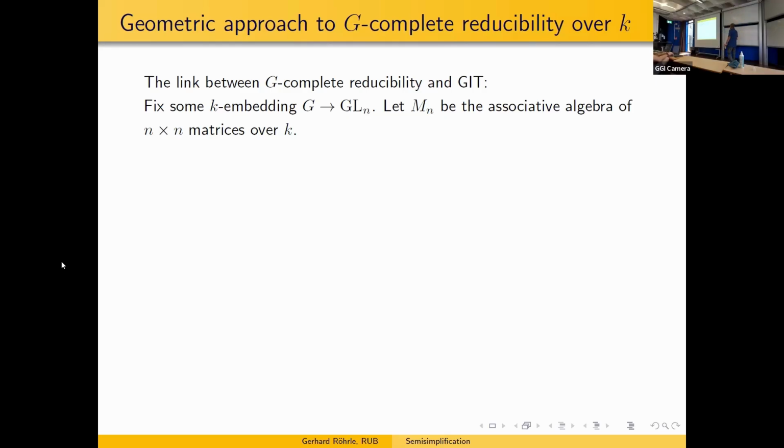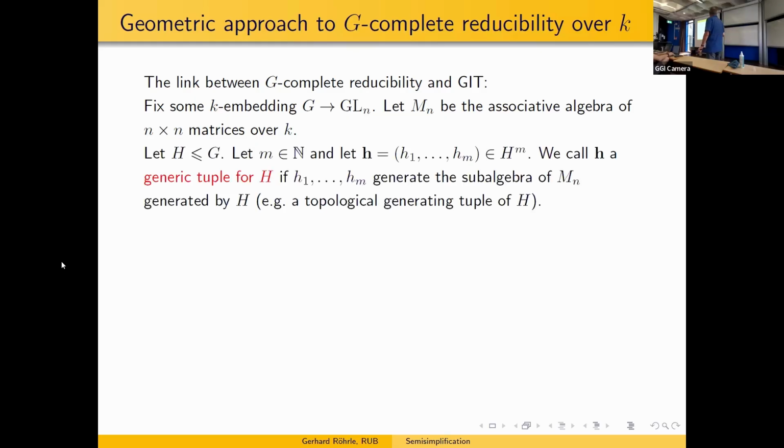Let M_n be the associative algebra of all n by n matrices over K, and then if I have a subgroup H, I take an m-tuple of points in that subgroup. And I call that tuple a generic tuple for H if the elements of that tuple generate the same subalgebra of this associative algebra M_n as is generated by the whole group H. You can always make m big enough to find such a tuple.